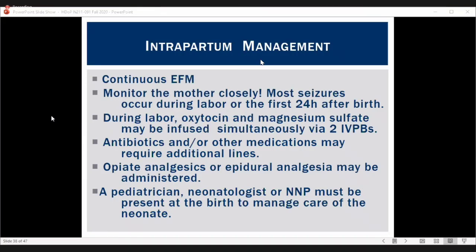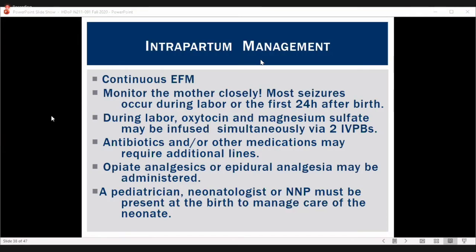Okay, so all of that to say, you've got your work cut out for you. These patients, you have to stay right on top of them, okay? If this is a patient that's GBS positive and you need to give penicillin, that's another line, right?